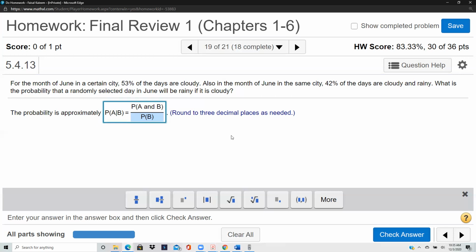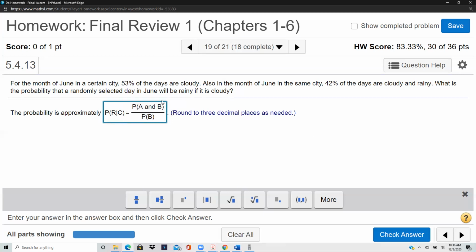Because they say rainy if it is cloudy, you could also say rainy given it is cloudy. So in this case, it would be rainy given cloudy. This would be like R given C.